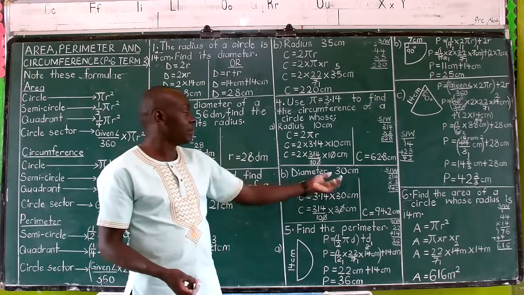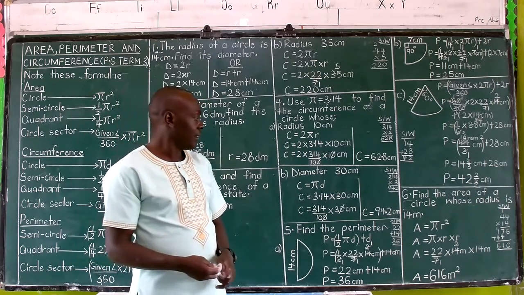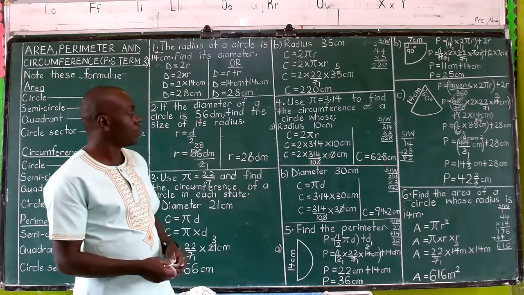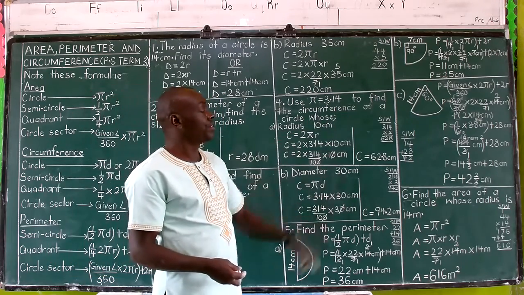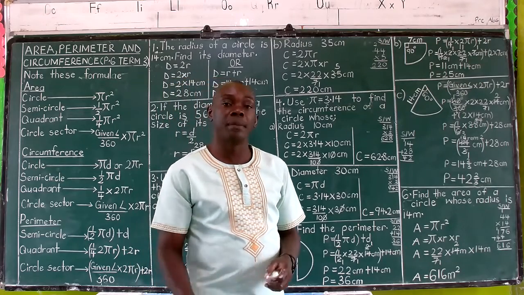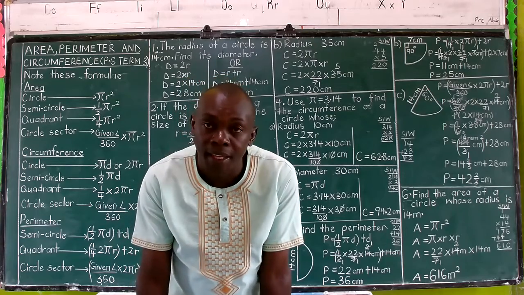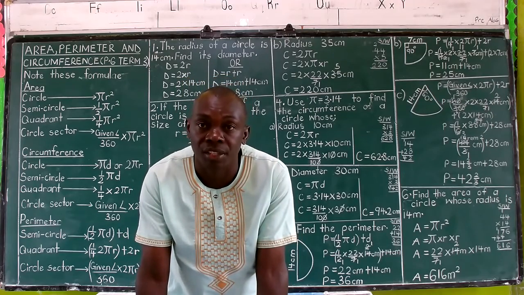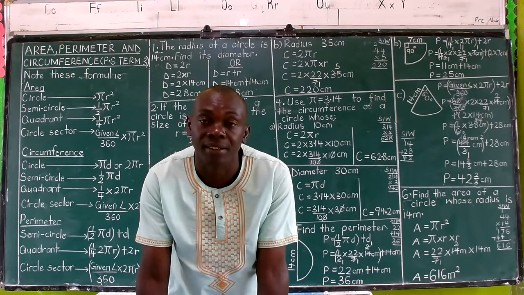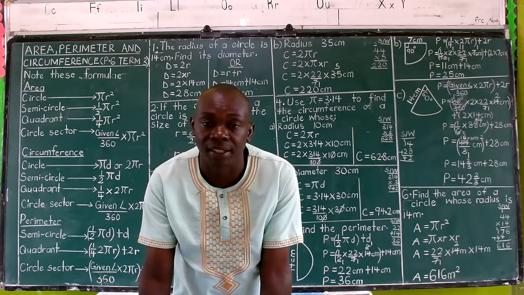See the 30 centimeter diameter here. 30 has never been and never will be a multiple of 7. So therefore, still the choice would be 3.14, whether told or not. So we choose 3.14 in case the radius or diameter given is a non-multiple of 7. And in case it's a multiple of 7, we choose 22 out of 7.